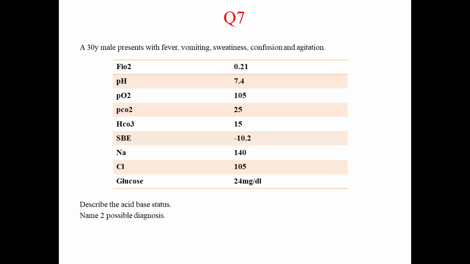Next, so we'll totally solve some 12 at least. So this is the 7th ABG. A 30-year-old male presents with fever, vomiting, sweating, confusion, and agitation.